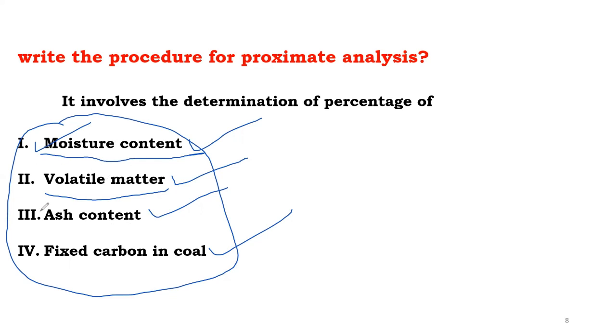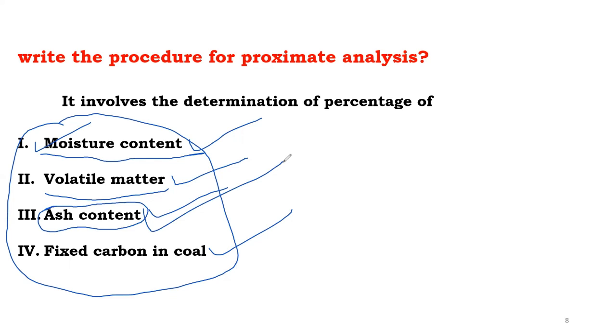Okay, so organic matter. And next, when we come to the ash content, the third one is ash content. What is the ash content? Ash content is nothing but the percentage of inorganic material present in the coal.